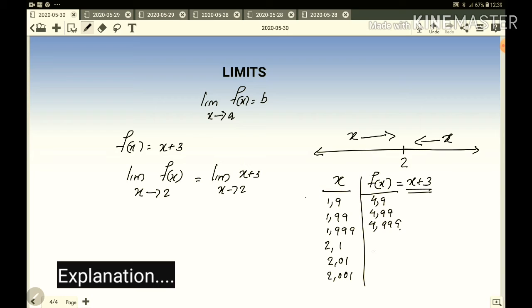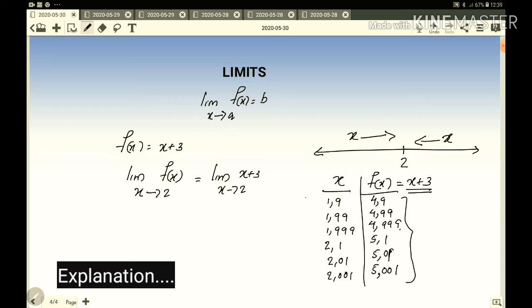Then values from the right hand side of 2. The x value is 2.1. Substitute: 2.1 plus 3 is 5.1, 5.01, 5.001. So look at the values of f of x when x moves to 2.